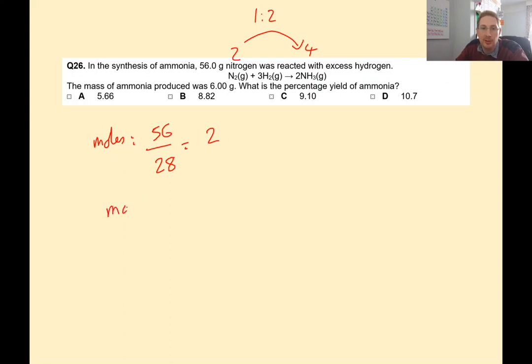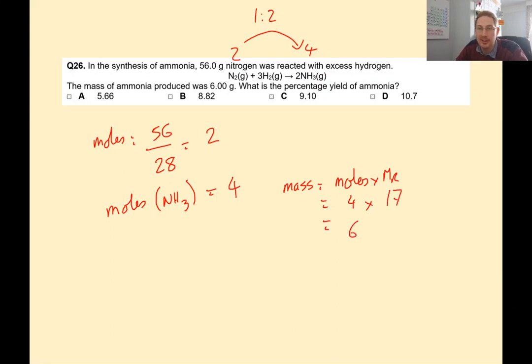So moles of ammonia should be 4, and therefore the mass of ammonia is moles times Mr, which equals 4 times NH3, which is 17, which is 68 grams. Okay, now hopefully I then compare the percentage yield.